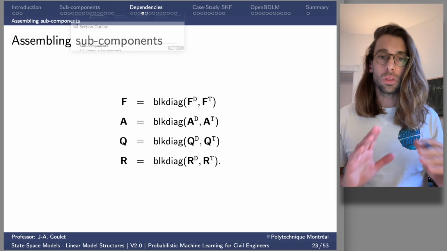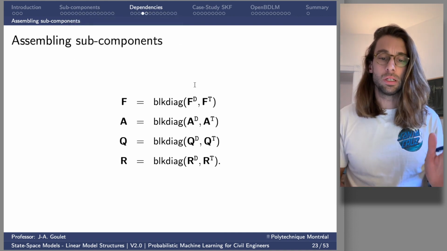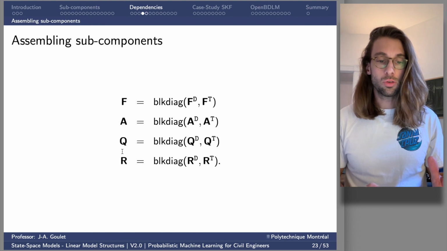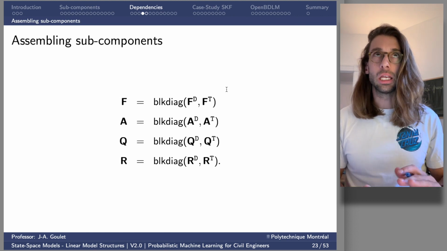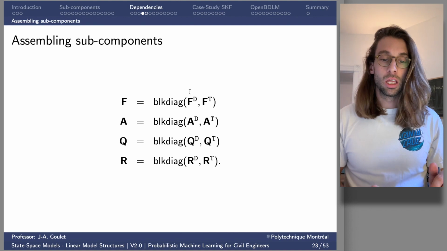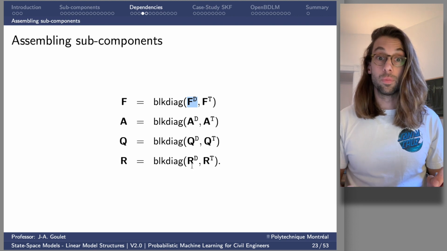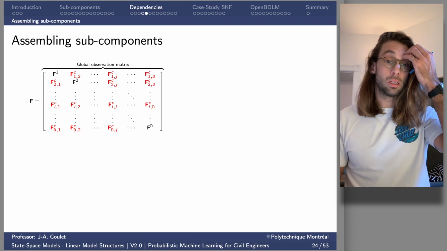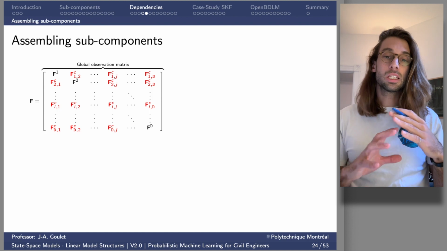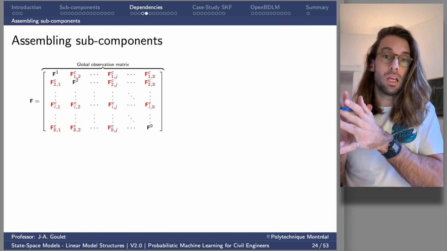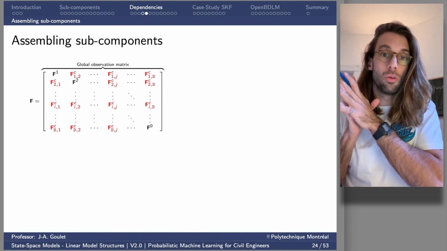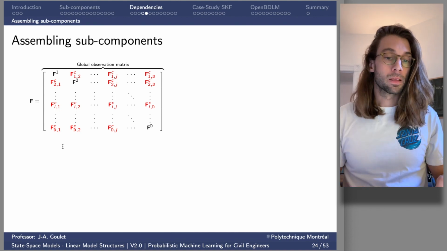In this case, we have only two time series, displacement and temperature. So we're going to build global matrices by concatenating in block diagonal matrix the F matrix for the displacement, F matrix for temperature. Same thing for A, Q, and R. Okay, so we're going to look in detail how it works. But before, let's look at how we define that F matrix, where we're going to have our regression coefficient.